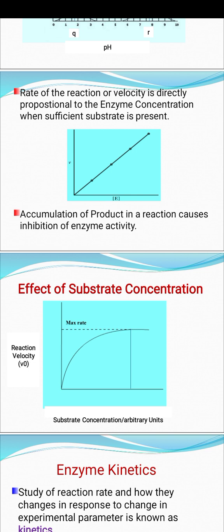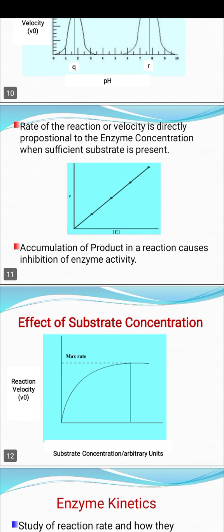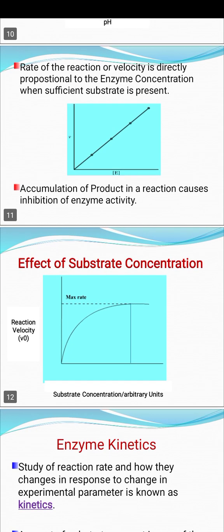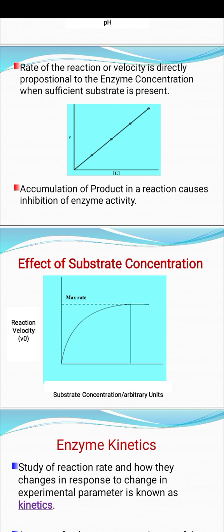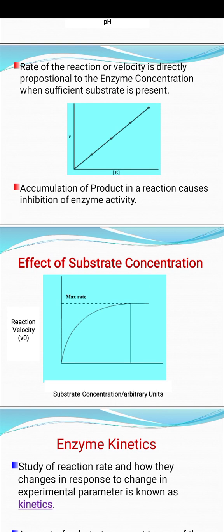The velocity of an enzyme reaction increases as the concentration of substrate increases. The increase in the substrate concentration may increase or decrease the velocity of an enzymatic reaction. If the substrate concentration is small in proportion to the amount of enzyme, an increase in the substrate concentration will increase the velocity of the reaction.